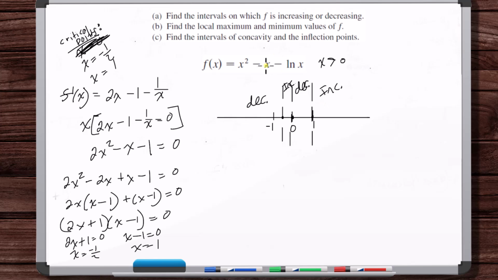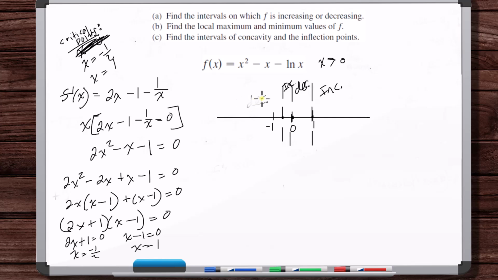So we're going to have a continuous function over the entire domain. There's no x you can input where the function doesn't exist as long as x is greater than 0. So it's continuous over the entire domain. In that case, we can use the first derivative test to see whether the critical points are local maxes or mins. What's the first derivative test? Well, let me erase this. Okay, hold up, I messed this up.